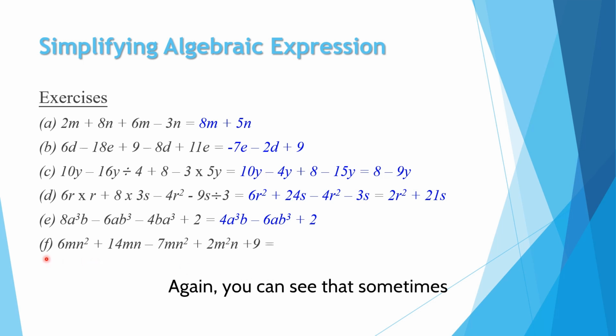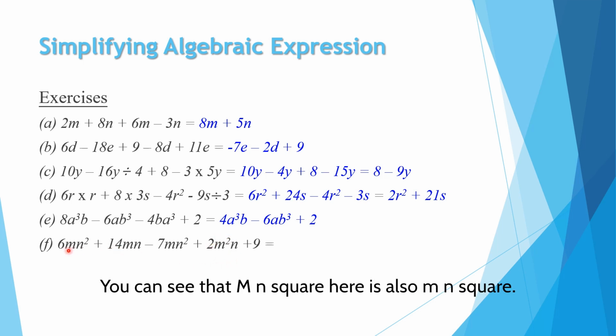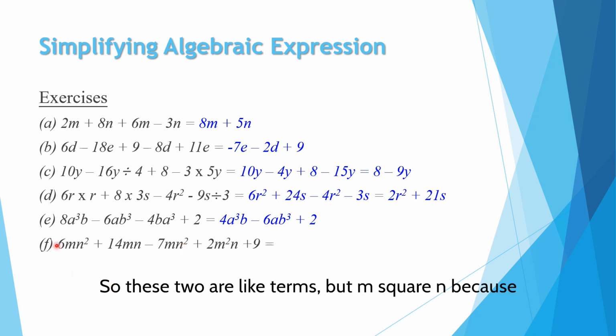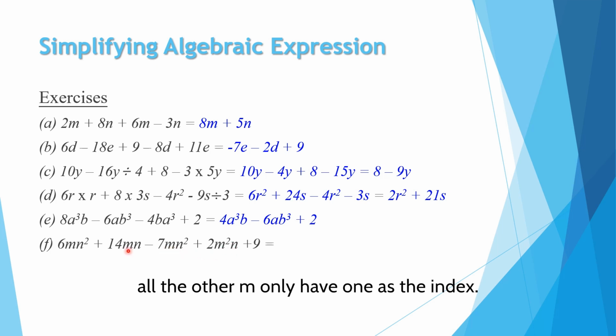For part F, again, you can see that sometimes even the letters have different orders, but if their indexes are the same, basically they are like terms. You can see that mn squared, here is also mn squared. So these two are like terms, but m squared n cannot be like terms with the others, because all the other m only have 1 as the index.